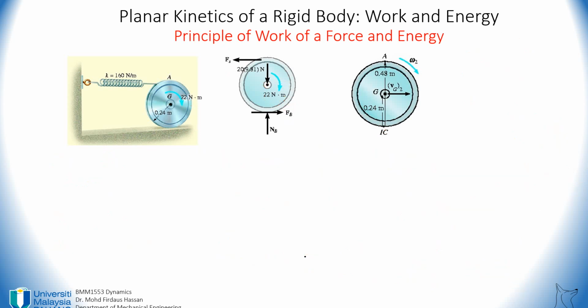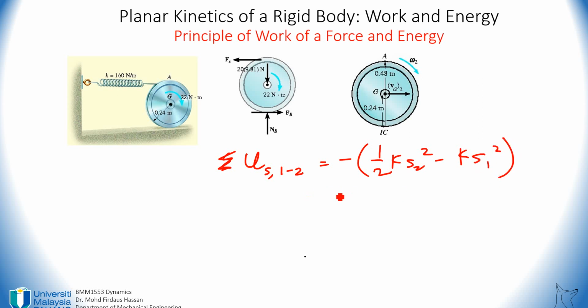Then we have the work done by the spring from point 1 to point 2. Do you remember this equation? Half K S2 squared minus half K S1 squared.